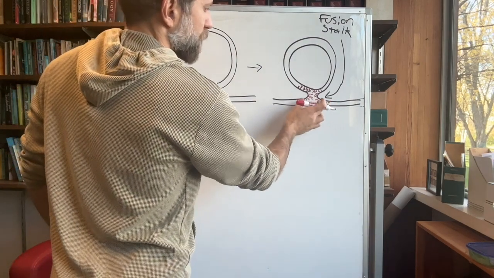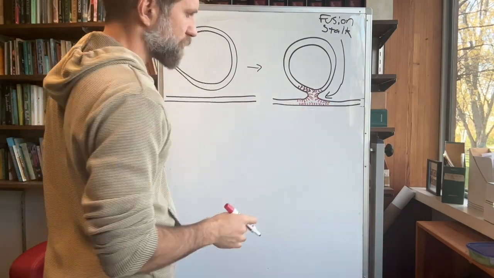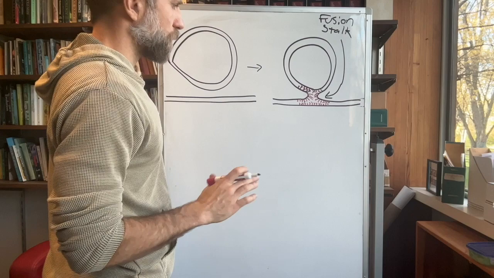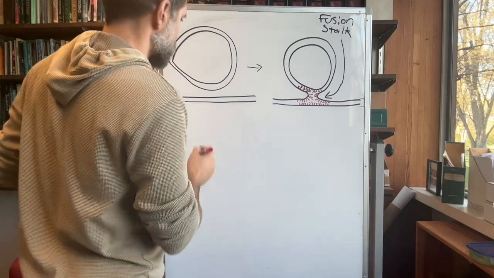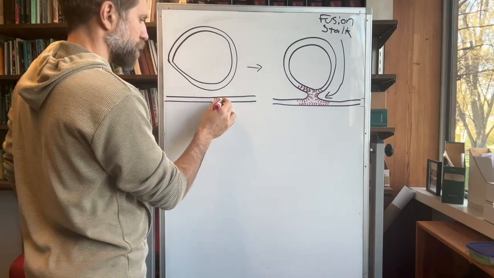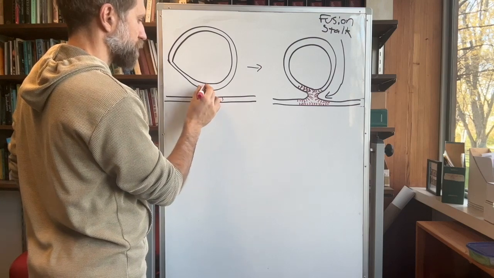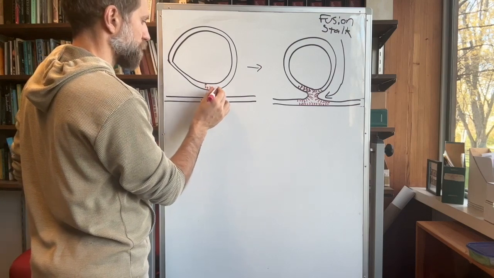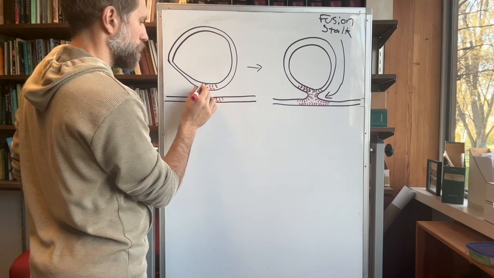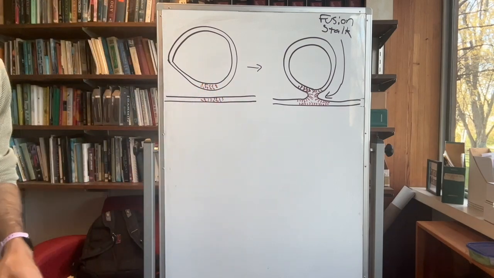And the hydrophobic tails of the phospholipid orient towards each other. Right? So they're still protected from the water here because they're still oriented towards each other. So that's our fusion stalk.